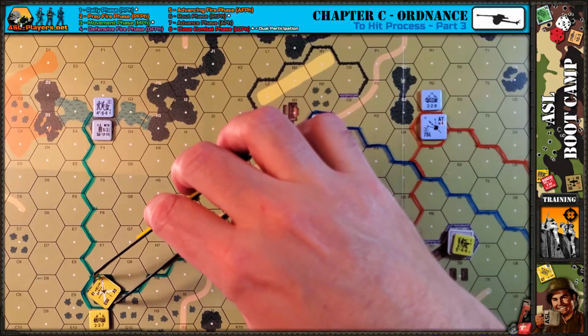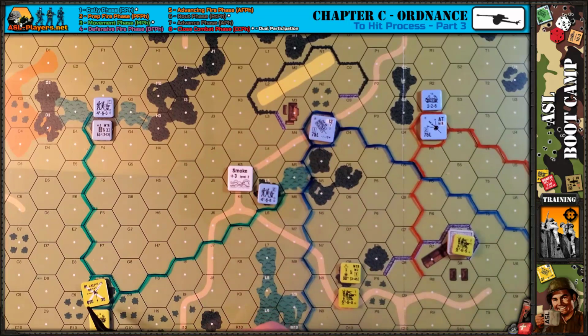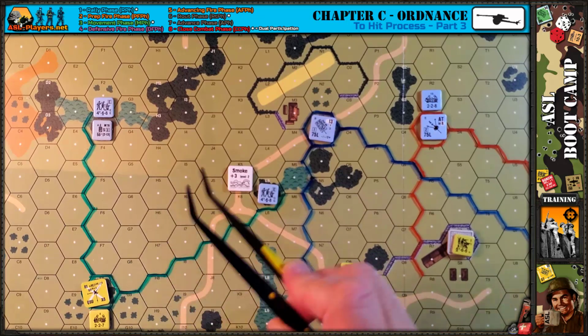It has HE special ammo, so it can fire HE. It has a high explosive depletion of 7, starting in June 1944 in Europe. And in 1945, it has a depletion of 7 anywhere that it's used. So let's assume we're in 1944, 1945, doesn't matter.